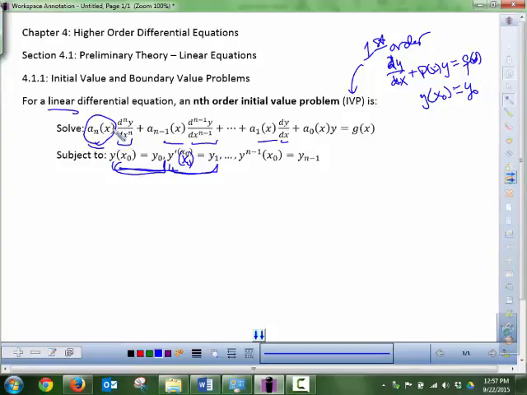When you start going to higher orders, you're going to have to build your initial conditions as well. And the initial conditions are going to be based on the original function and as many derivatives as one less than the order.